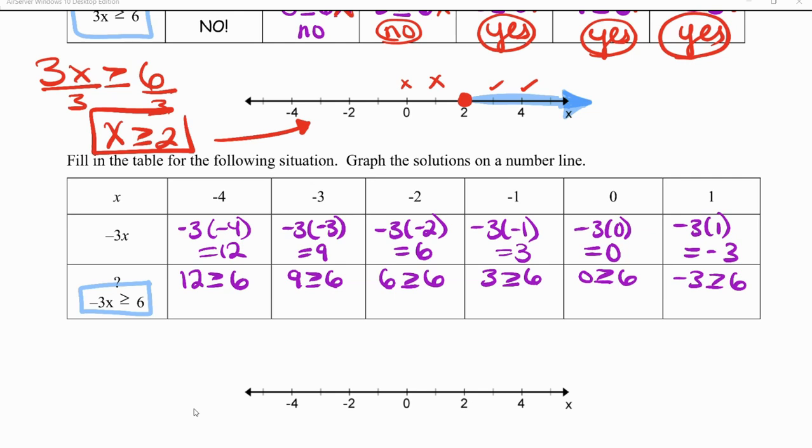So 12 is in fact greater than or equal to 6. 9 is greater than or equal to 6. 6 is greater than or equal to 6. 3 is not greater than or equal to 6. 0 is not greater than or equal to 6. And negative 3 is not greater than or equal to 6.